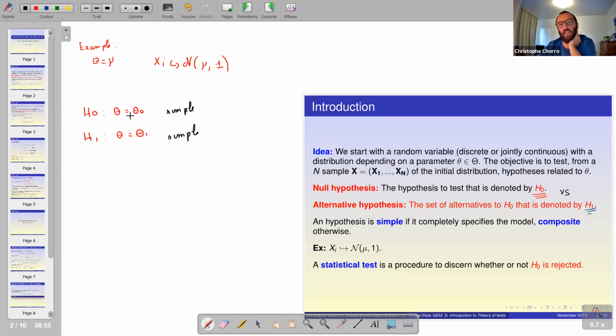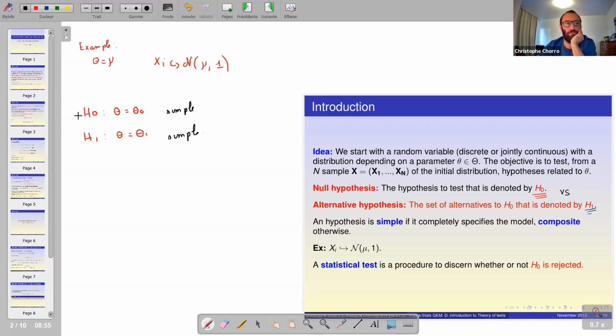Because if I give you that theta is equal to theta 0, you have mu, and so you have completely the distribution of your random variable. It means that if you know the hypothesis, it will completely specify the distribution you are going to deal with. Exactly as if I give you theta equal to theta 1, it's also a simple hypothesis because if you have the mean of the Gaussian, you have everything, knowing that the variance is equal to 1, okay?